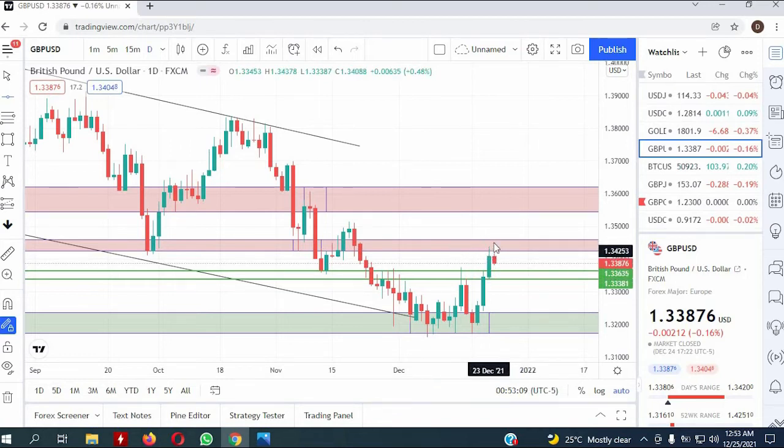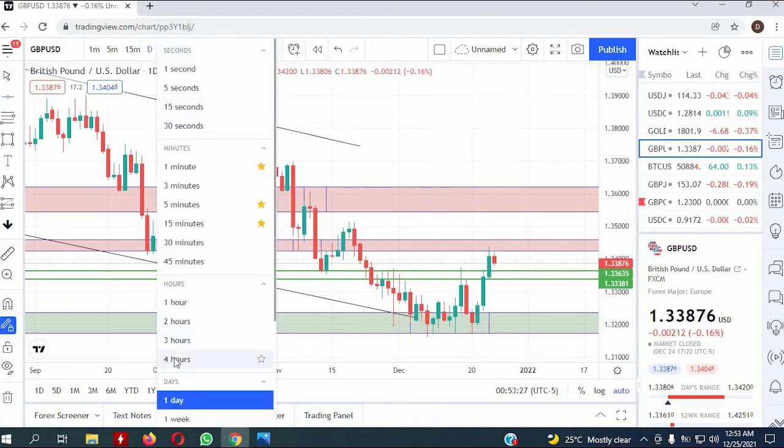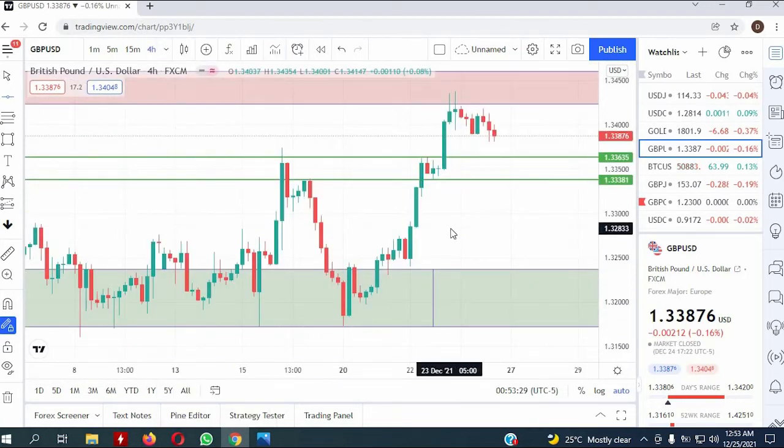So if the GBP USD fails to break through this area right here, it will make a pullback into this area for a retest. Let's move over to our 4-hour time frame. So if you're a day trader, GBP USD will pull back into this area for a retest.